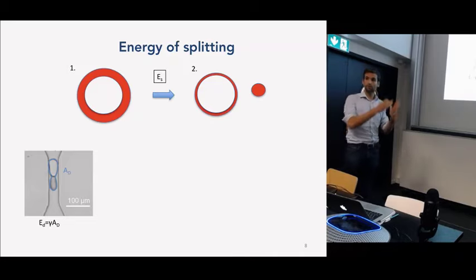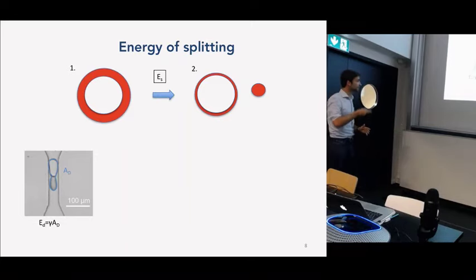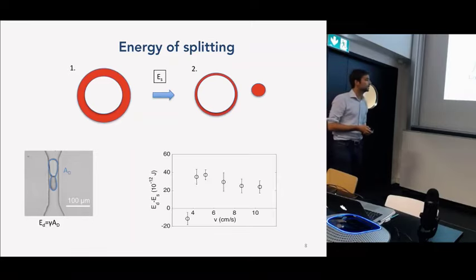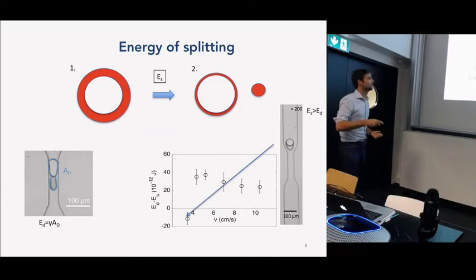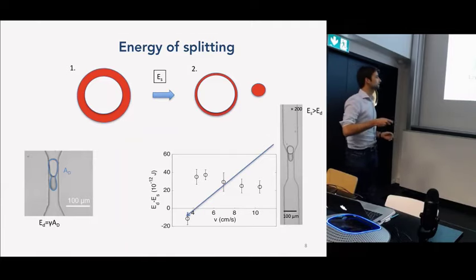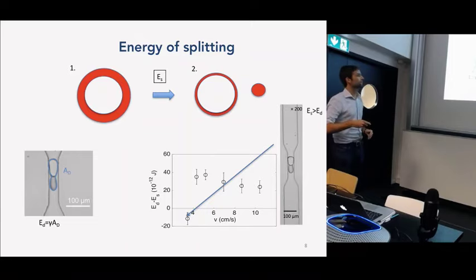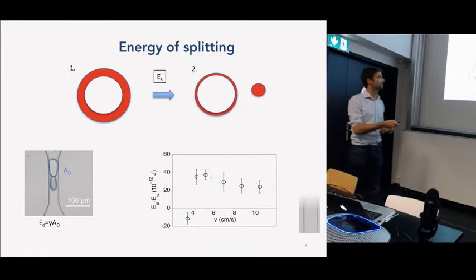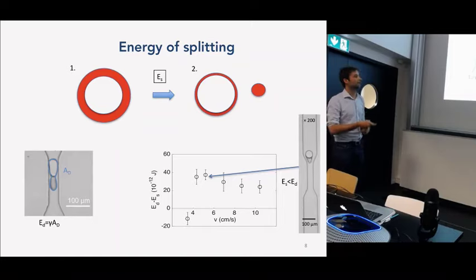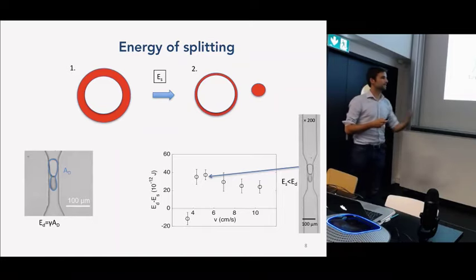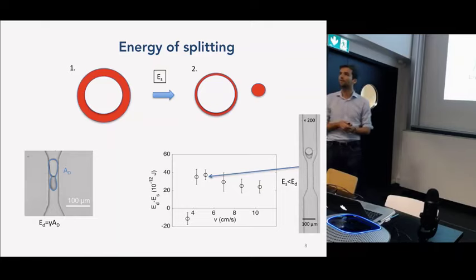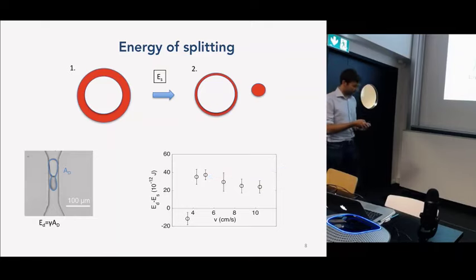So when it's in the constriction, when it's maximally deformed, we estimate the area of the double emulsion when it's maximally deformed, and we calculate the energy that you need to deform this drop. What was interesting to see is that if you're below 4 centimeters per second, when it doesn't detach, this deformation energy is not sufficient to overcome this splitting energy. Whereas if you go above 4 centimeters per second, you get this splitting, and that's where we see the removal of the oil. Okay, so there's a third.